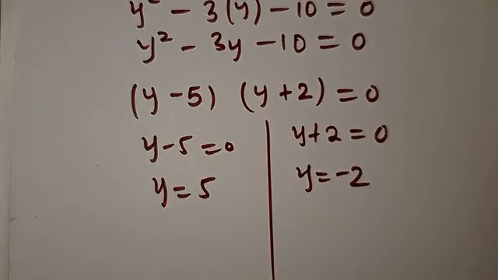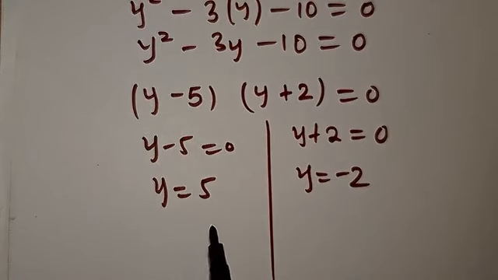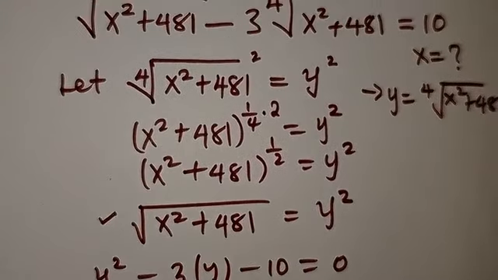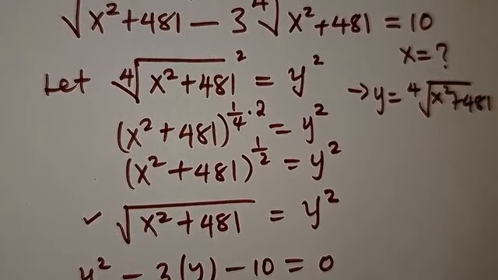But don't forget that we are not looking for the value of y, we are looking for the value of x, because x is the variable. So now what we are going to do is go back to the place where we said y equals this. So let's bring it out.